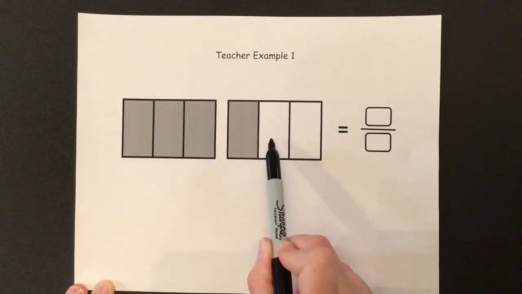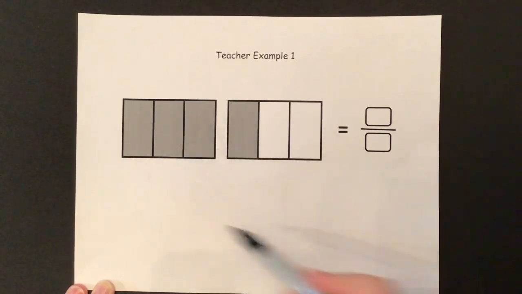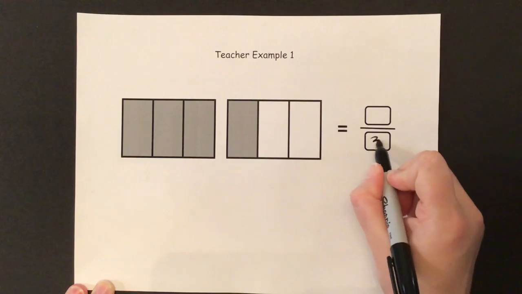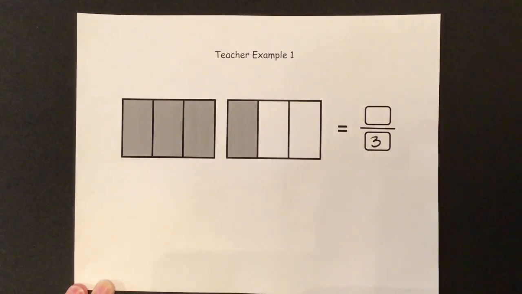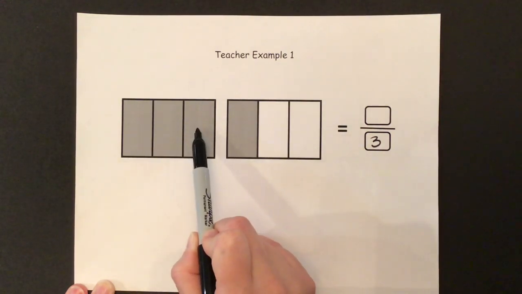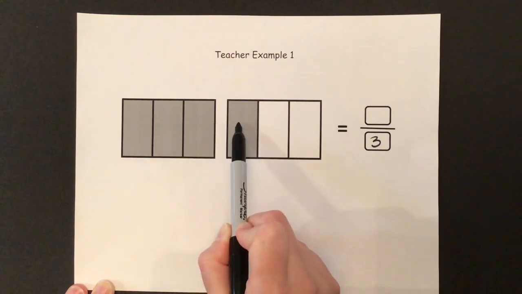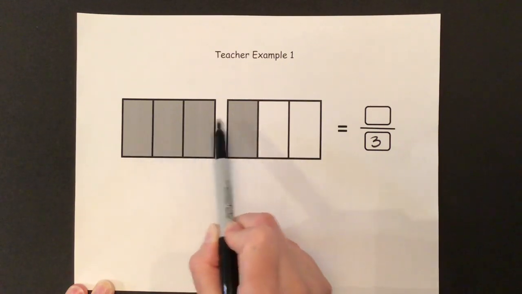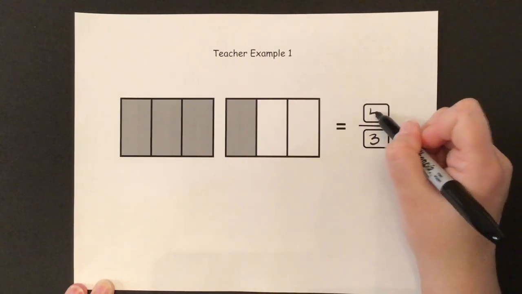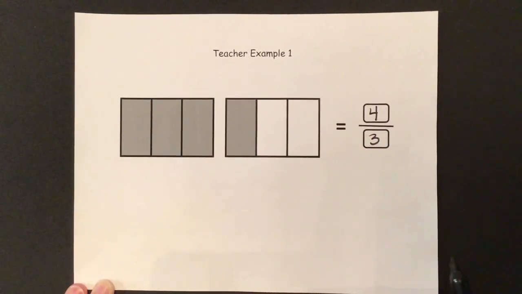And it's the same with all of the wholes for this example. So 3 would be my denominator. And then I need to count those thirds. So I'm going to count 1/3, 2/3, 3/3, 4/3. There are 4 of those pieces that are shaded in. So that becomes my numerator. So the fraction that names this amount is 4/3.